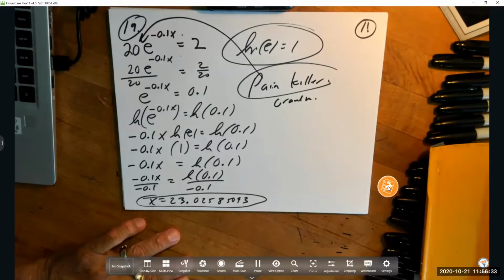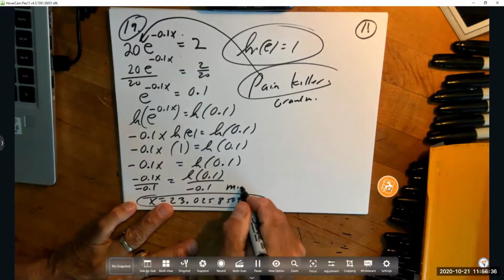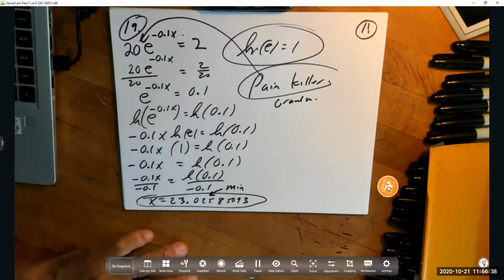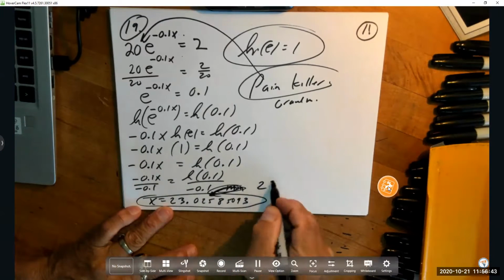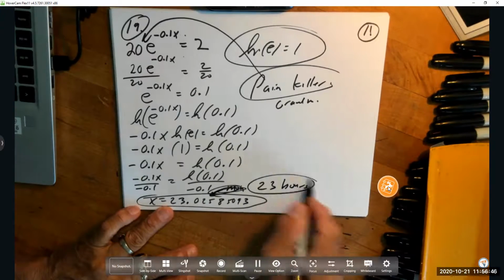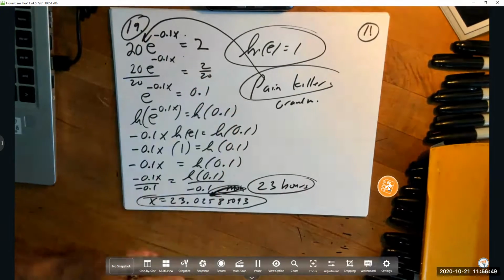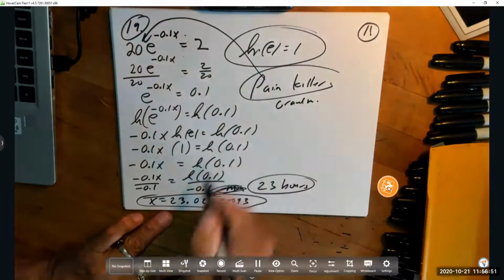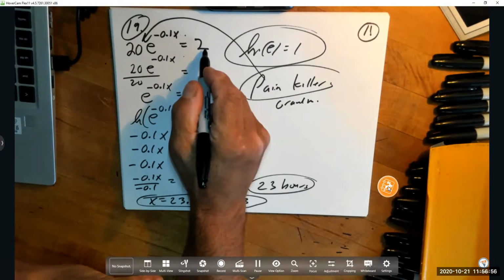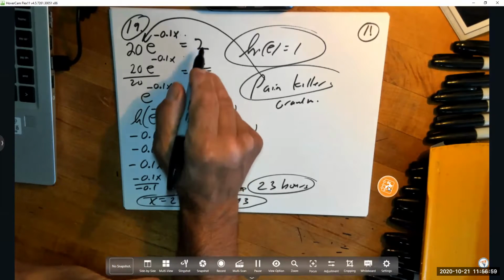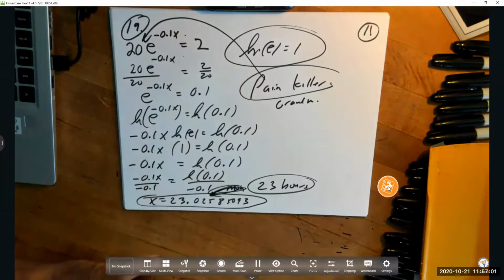They give her a painkiller, but in 23 hours from now, it's gonna wear off. There's only gonna be 2 of it left in there, and then you're gonna start feeling pain again. When you feel pain again, what are you gonna do? Get some more medicine on there. Does that make sense? Yeah. Put it on there, and then you put some more. All right. So then that's number 19.